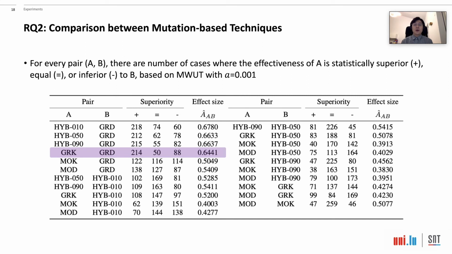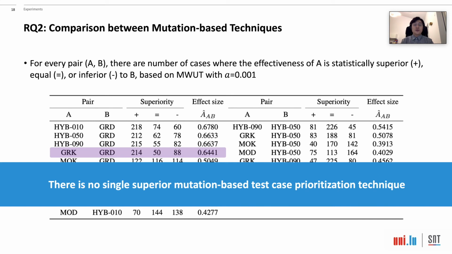For example, comparing GRK and GRD, GRK is more effective at around 60% of all faults, which means 214 faults among 352, whereas GRD is more effective at 88 faults among 352, which is around 55% of all faults. As a result, the answer to RQ2 is that there is no single superior mutation-based test case prioritization technique.